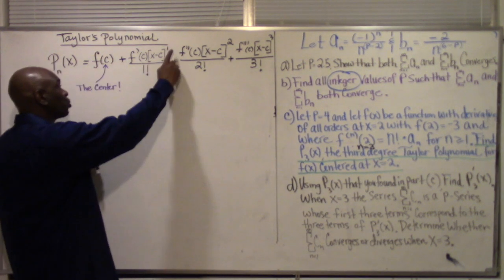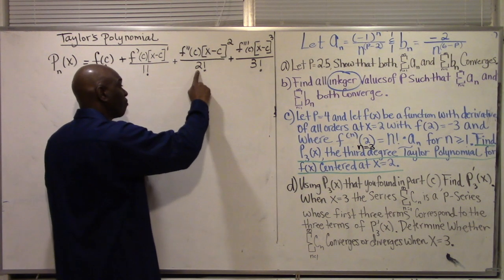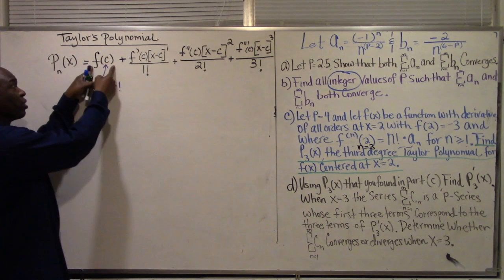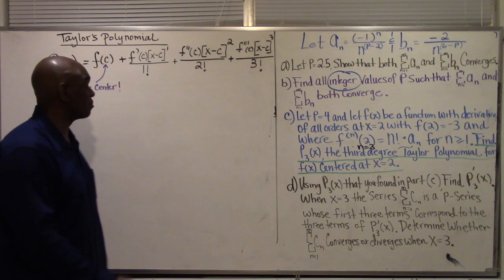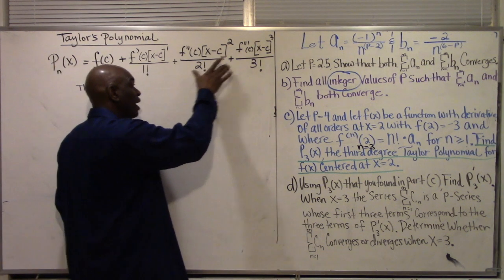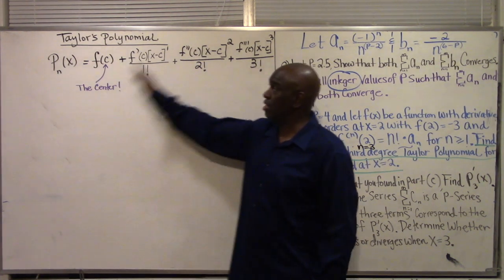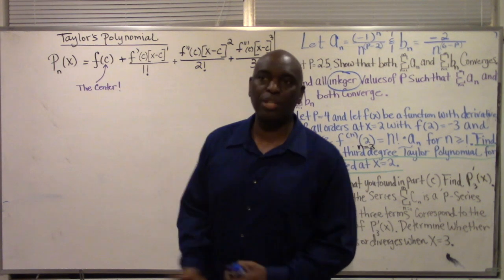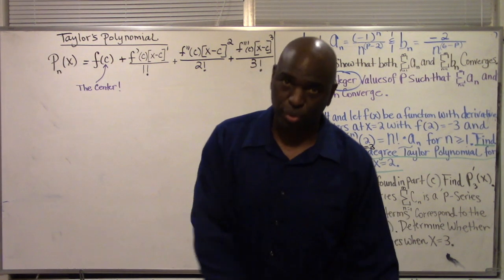Here is n equals 1, n equals 2, n equals 3, and this one right here was n equals 0. Anything to the power of 0 is 1. So I have a third degree Taylor polynomial. Here's the framework, the shell. If they wanted a 4th degree, you go out to the 4th derivative, 5th degree, the 5th derivative, and so on.